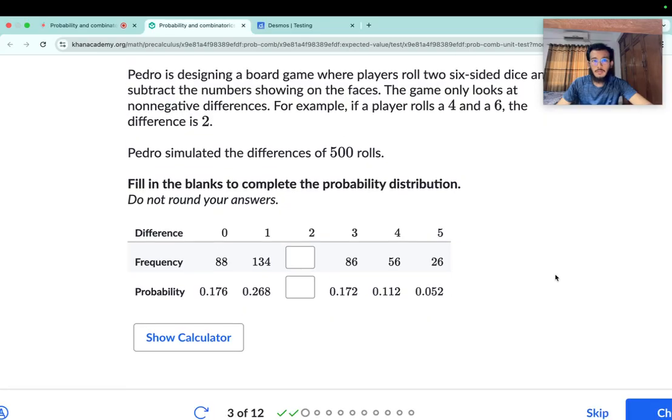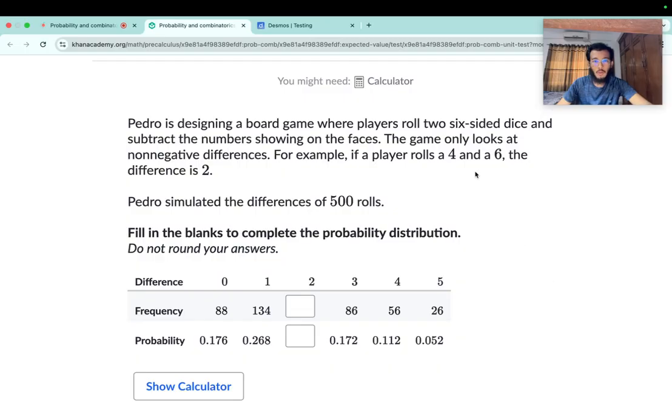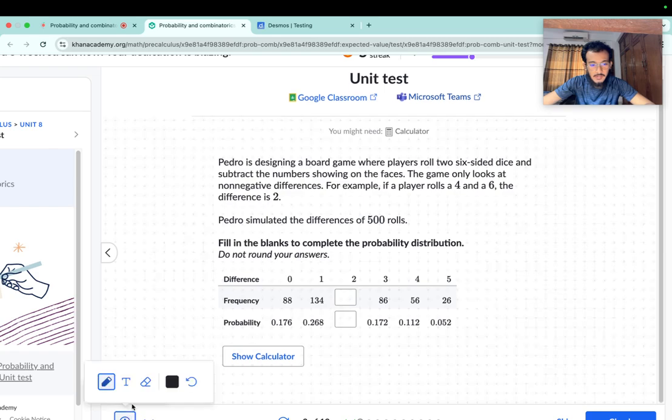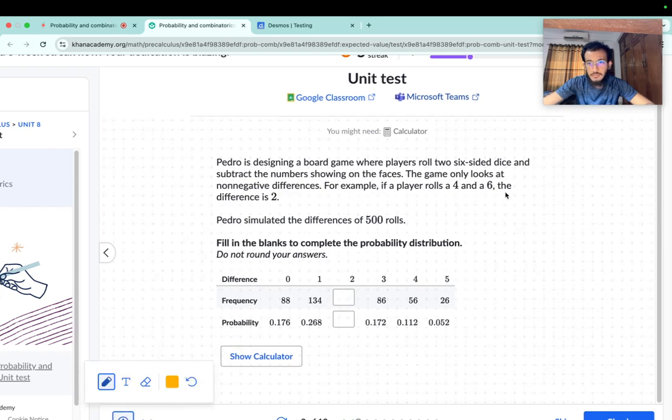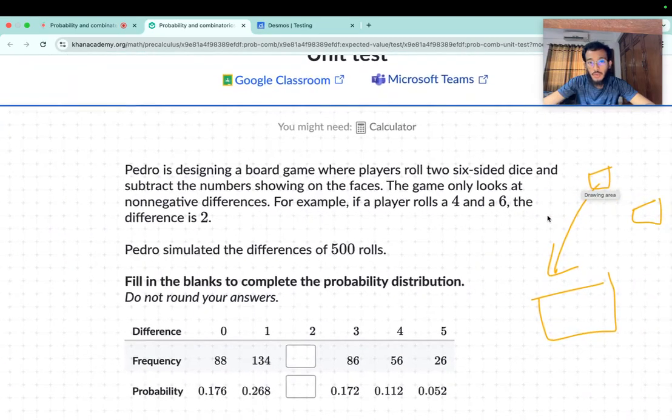For the third question, Pedro is designing a board game where players roll two six-sided dice. Okay, so we have six-sided dice, two of them. Players will roll two six-sided dice and subtract the numbers showing on the faces.